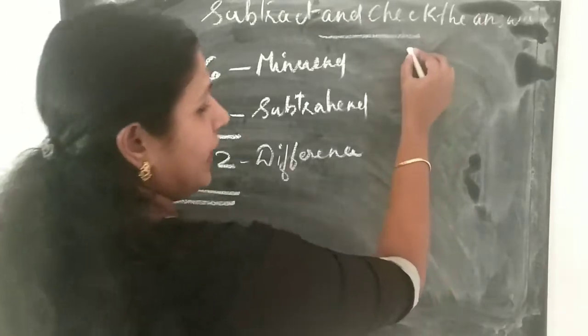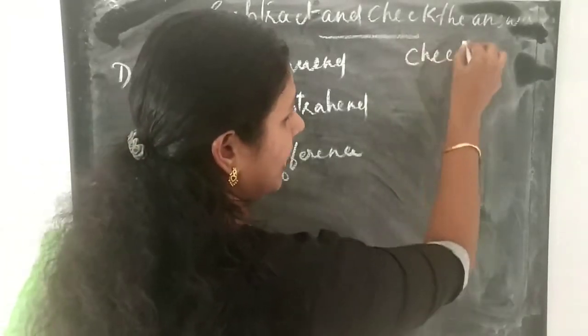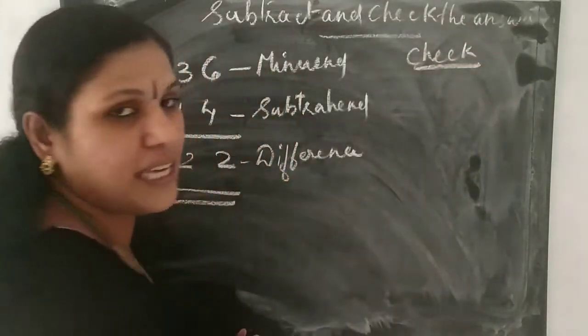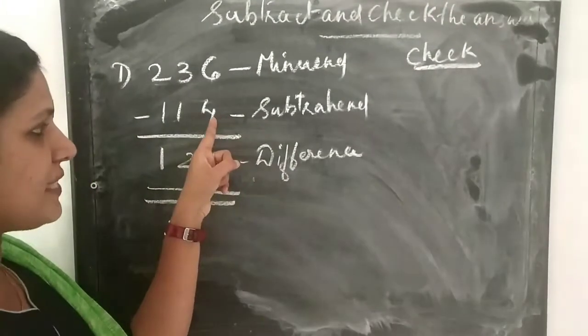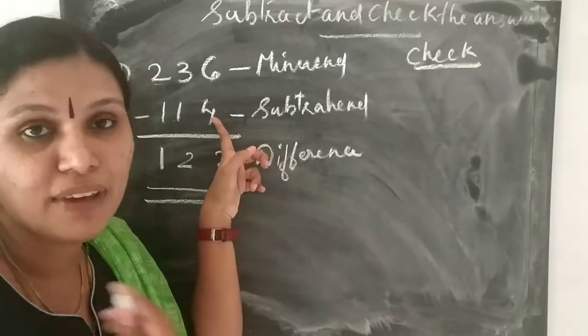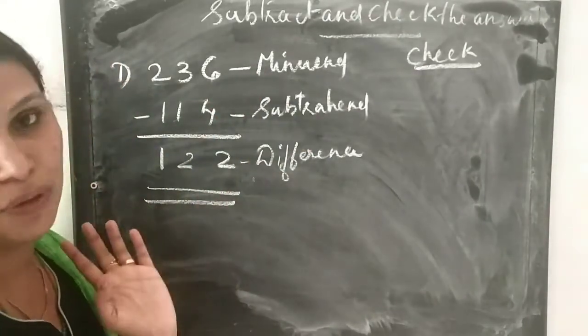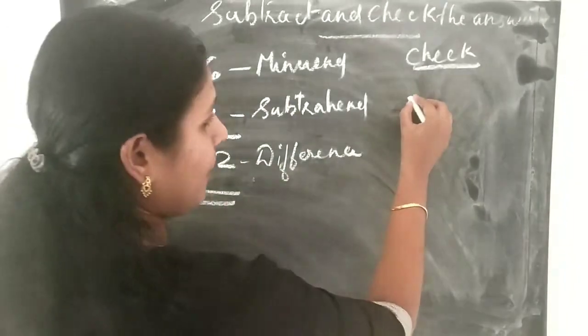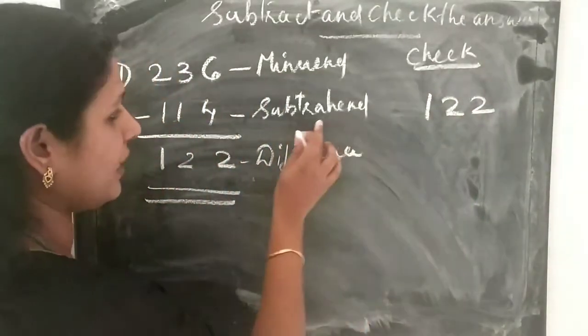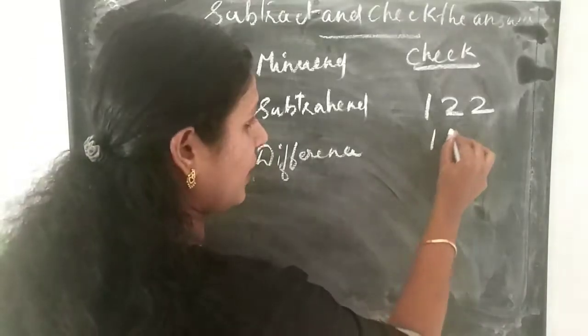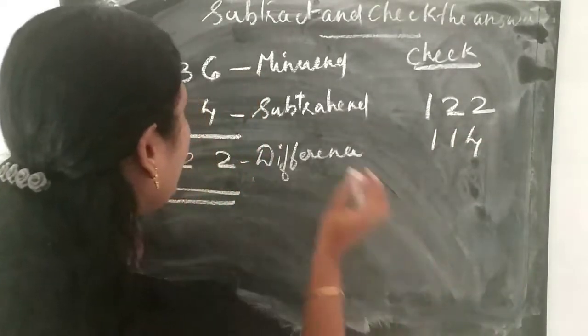So next we have to check the answer. For checking, we add the difference and the subtrahend, then we get the minuend. That is 122, the difference, and the subtrahend is 114.